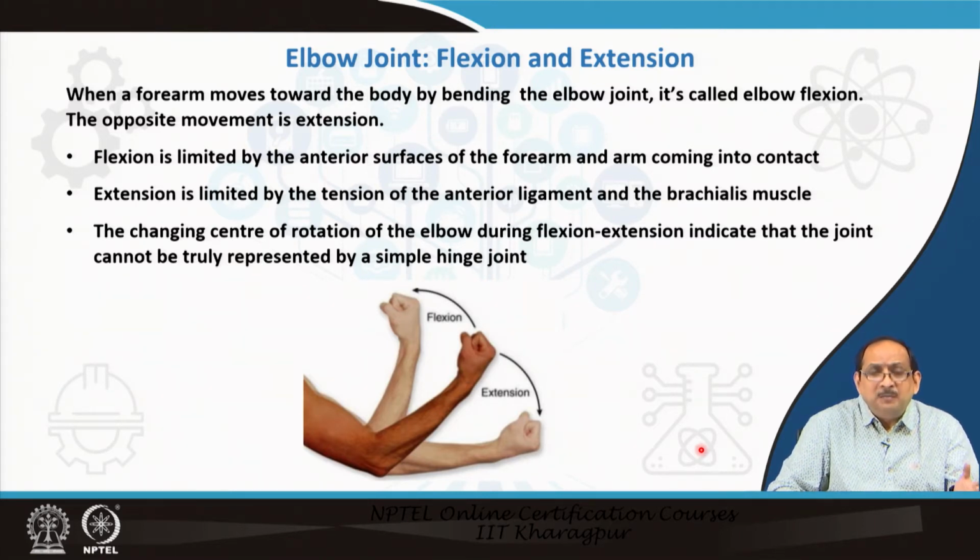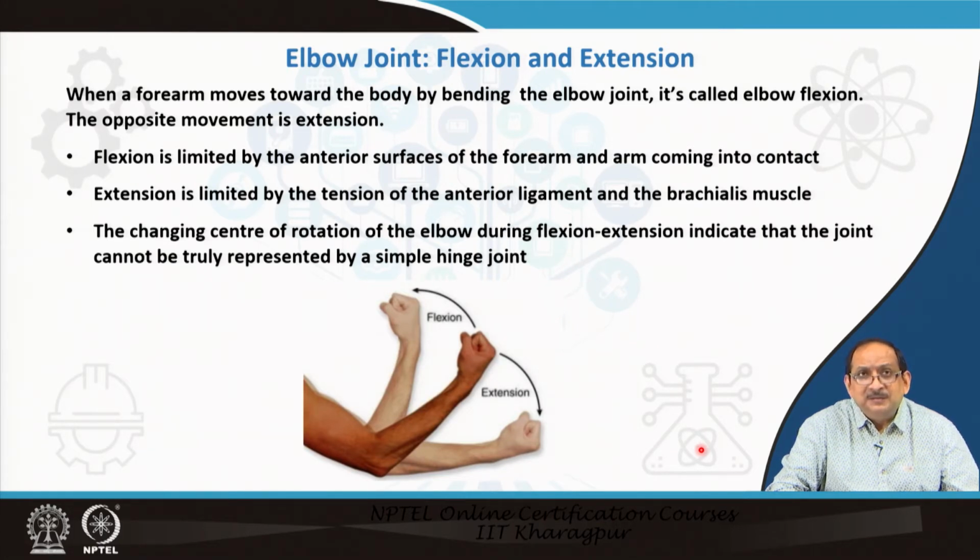Now, when the forearm moves toward the body by bending the elbow joint, it is called flexion. The opposite movement, when we are straightening the arm, is known as extension. The flexion is limited by the anterior surfaces of the forearm and arm coming into contact with each other.